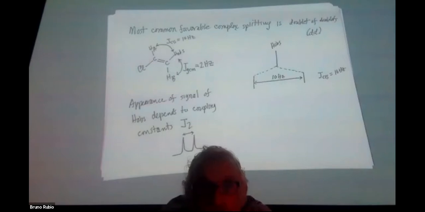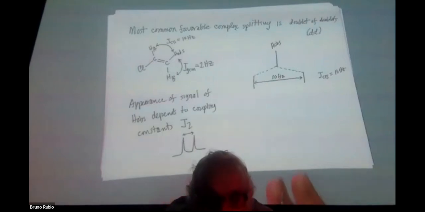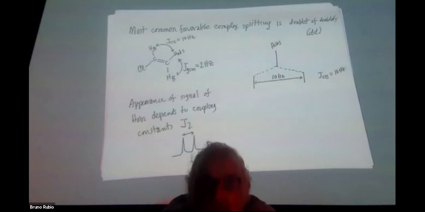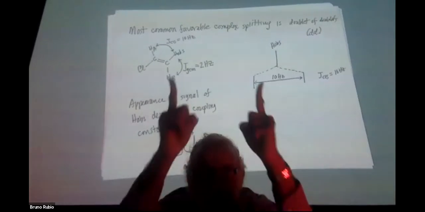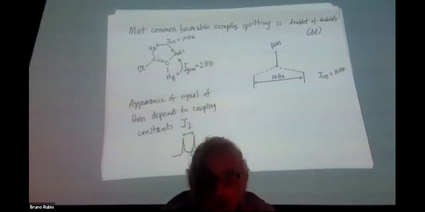All right, now, we're talking about complex splitting. We're talking about how, if we're lucky, complex splitting is a sequential application of simple splitting. We've just turned on one of the splitting patterns. Now we're going to turn on the other splitting pattern, the J gem. And that is going to be another doublet where the peaks are separated by 2 hertz.